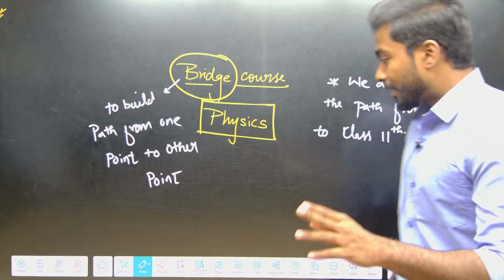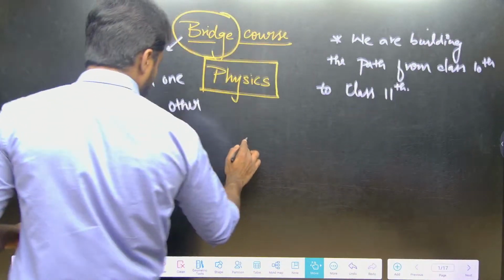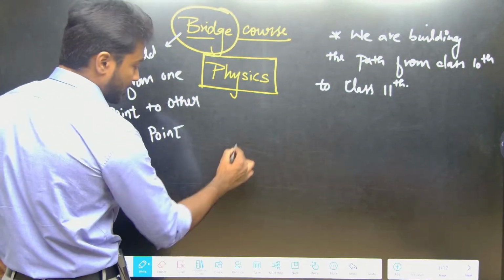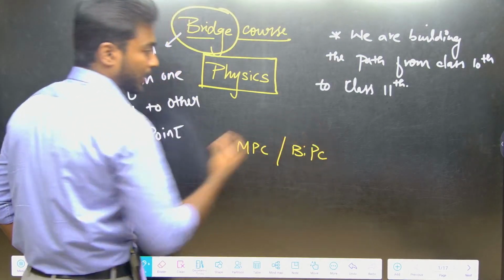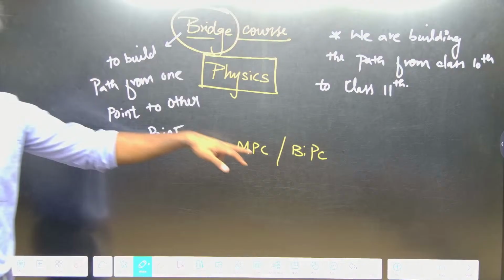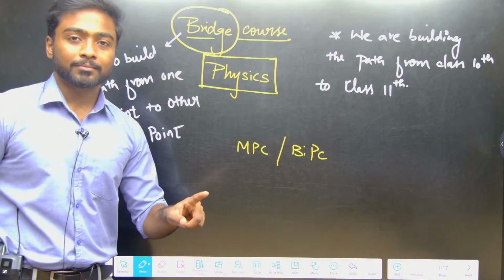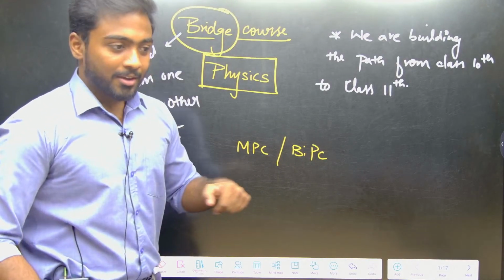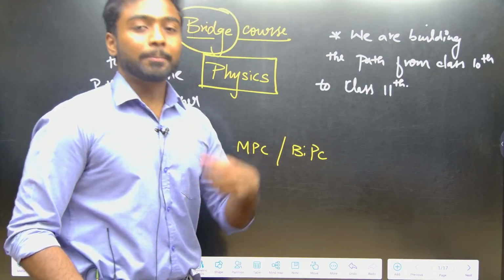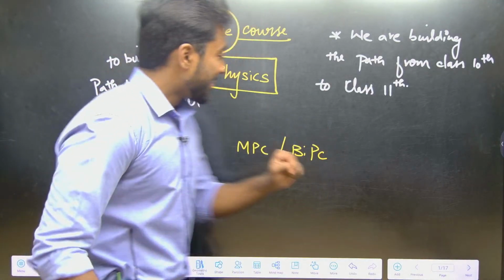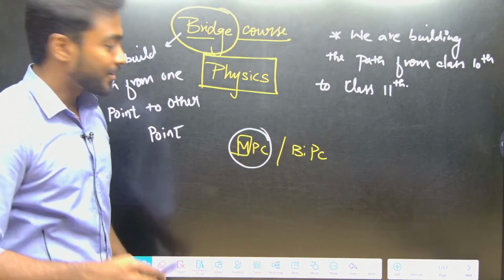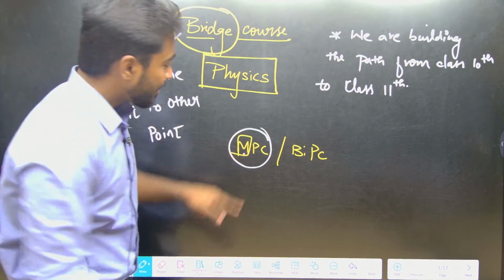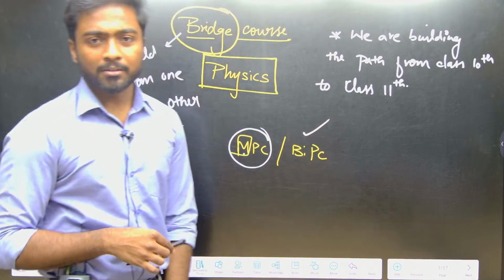But when a person chooses BIPC, for example, he may have a passion for becoming a doctor, and he might have a fear of maths. By having a fear of maths, he would have chosen the BIPC path.